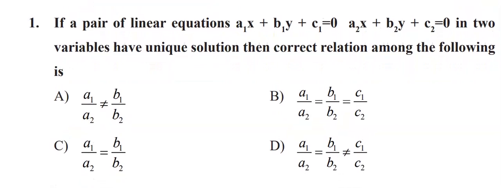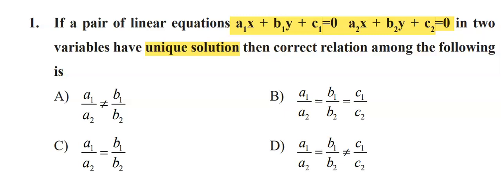As you can see here, please note down the points as these points are very important. They have given two linear equations, that is a1x plus b1y plus c1 equals 0, equation 1, a2x plus b2y plus c2 equals 0, equation 2. And they said that both have a unique solution. Okay, unique solution.